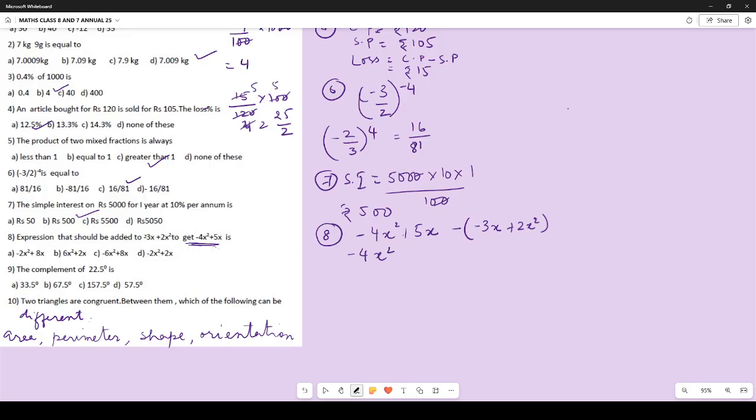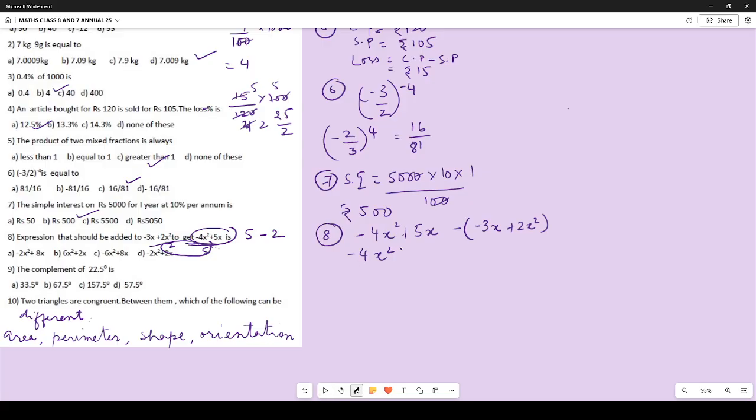This is like what should be added to 2 to get 5. We take 5 and then we subtract 2 from this. Same way we are taking this and subtracting this from it.